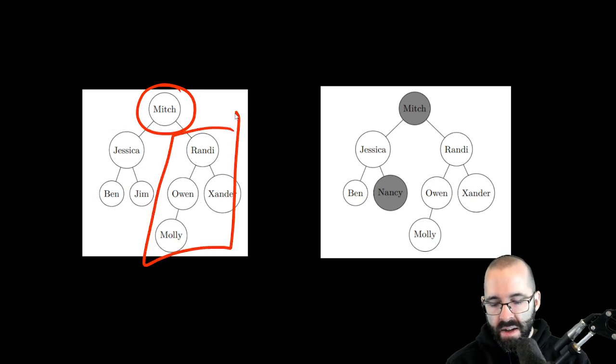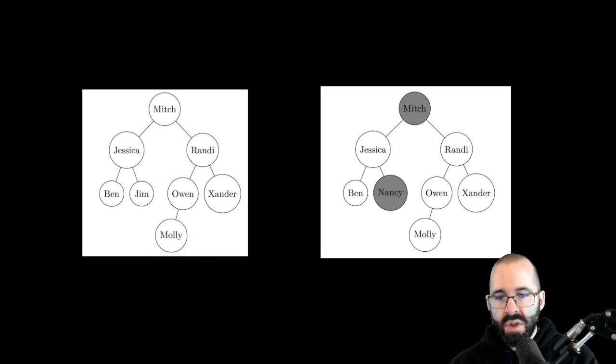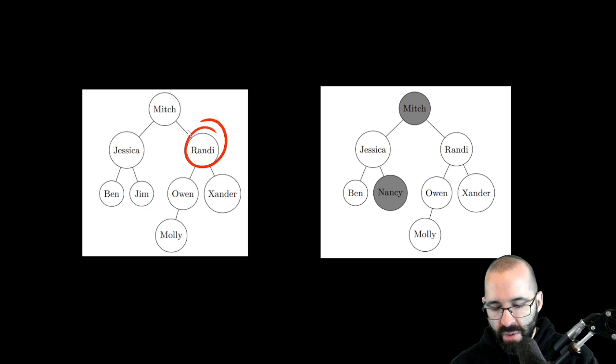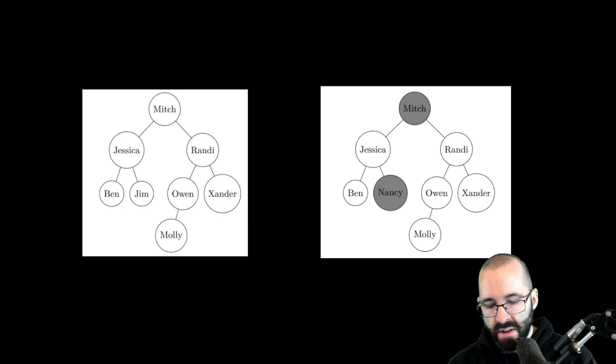Everything in the right subtree of Mitch is after in the alphabet. Molly is close, but still alphabetically after Mitch. And then that holds true for every node. If you look at Jessica, everything in the left subtree is before, everything in the right subtree is after. If you look at Randy, everything in the left subtree is before, everything in the right subtree is after.